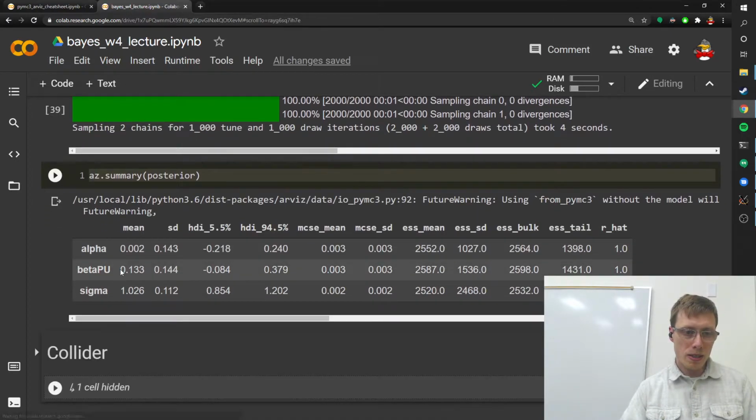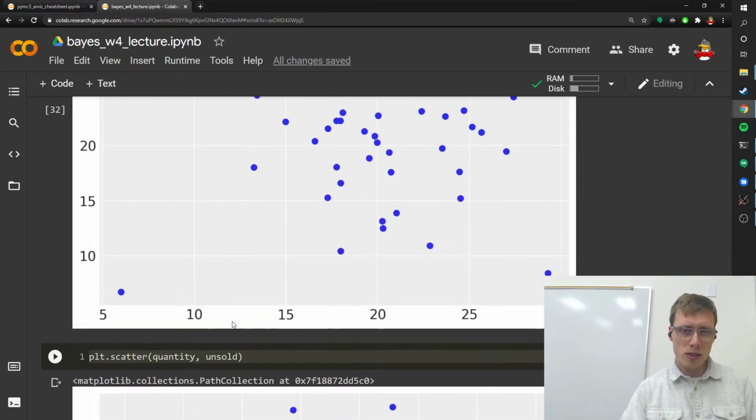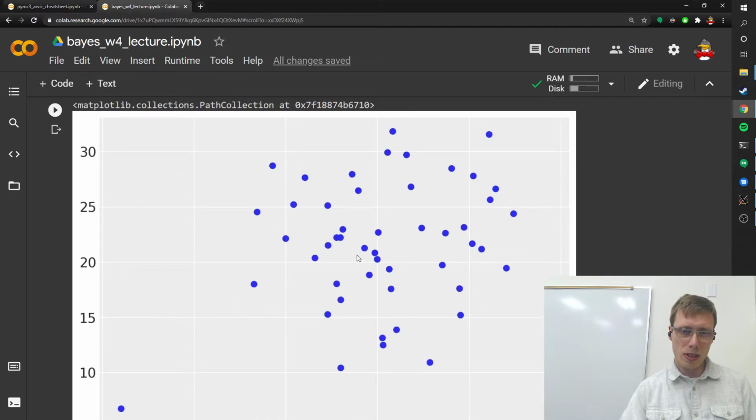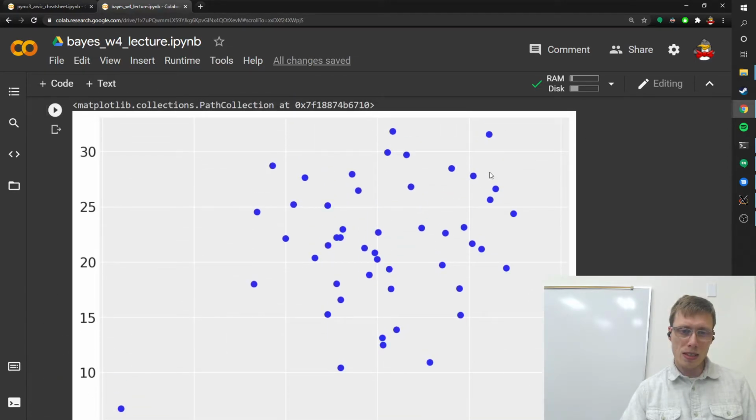But as you see, the beta is centered on 0.133, which is positive, which says that the higher the price leads to more stuff unsold, which makes some sense. But there's quite a bit of uncertainty in there, right? You can maybe see that part of it is this one data point probably driving it to look pretty positive.